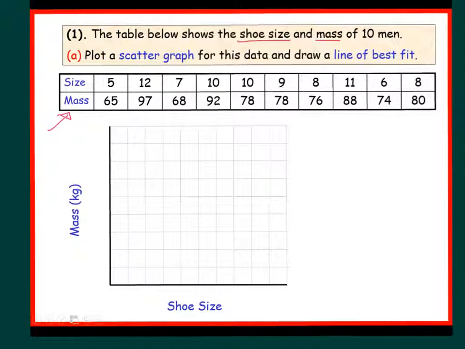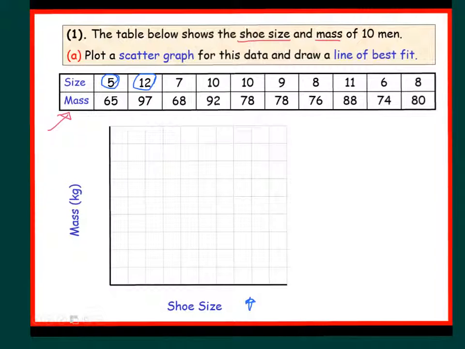Now to plot my scatter graph, the first thing I need to do is to decide on the scale. So I'm going to look for the smallest shoe size, which is 5, and the largest, which is 12. So I know that on my x-axis, I need to start at 5 and go up to 12.